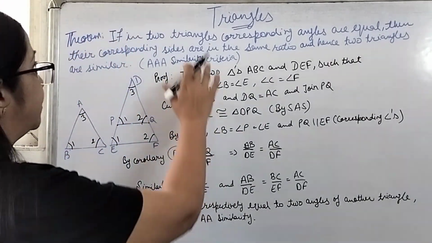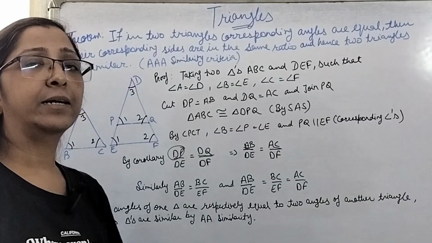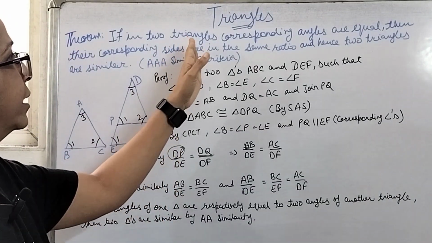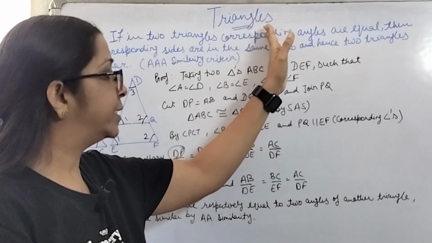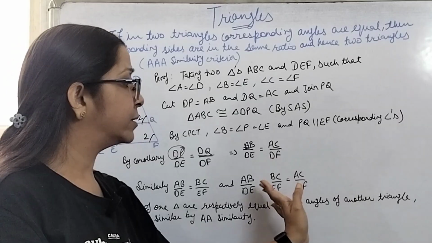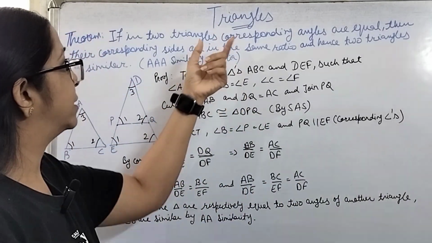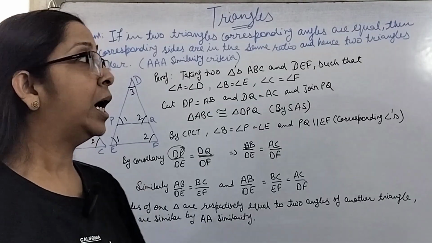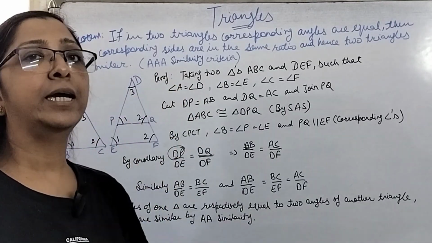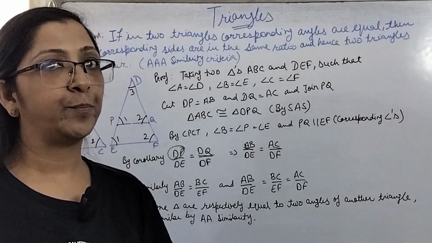So if all the corresponding angles of two triangles are equal, then without even proving that the ratio of the sides will be equal, we can say that the triangles will be similar, and this criterion is known as AAA similarity criterion.